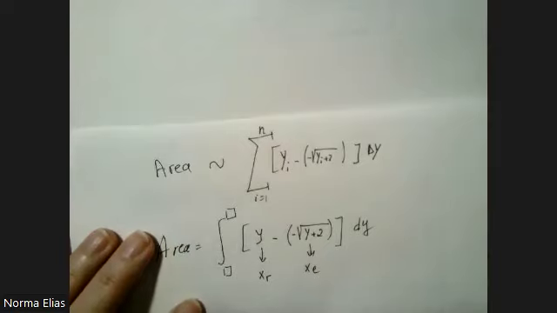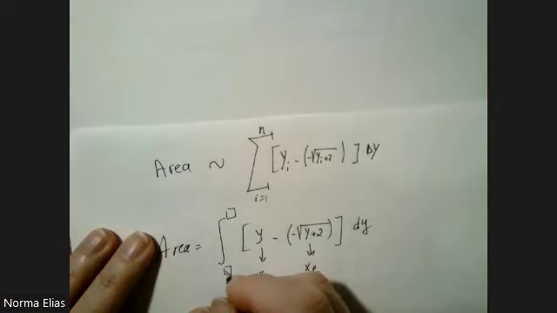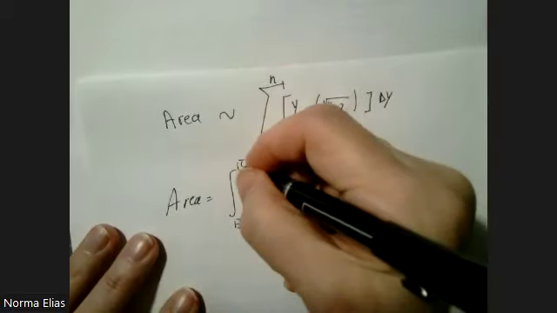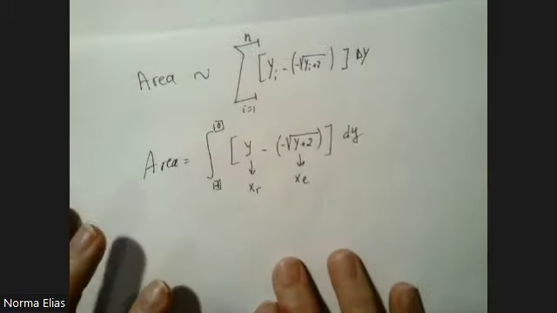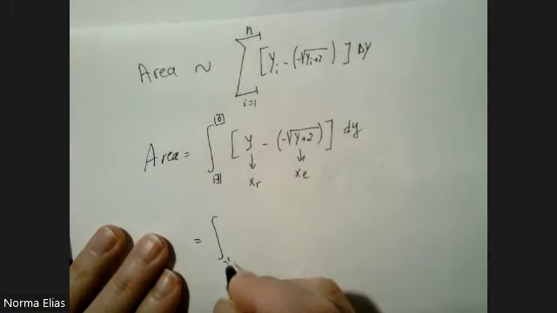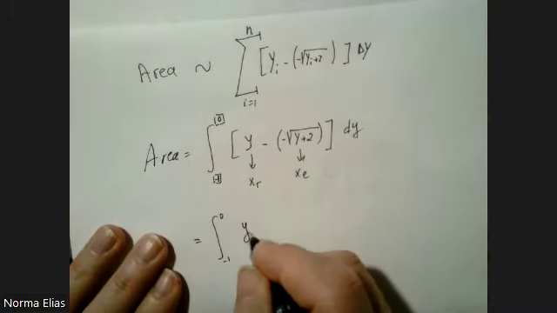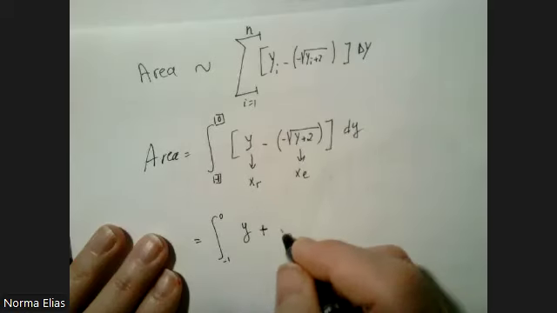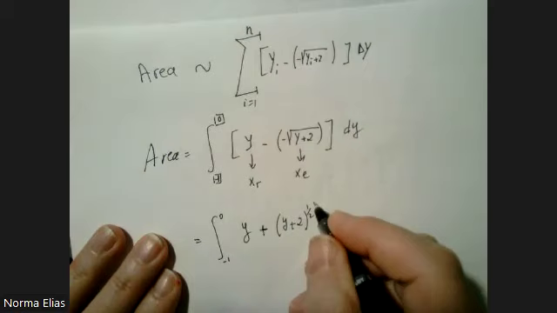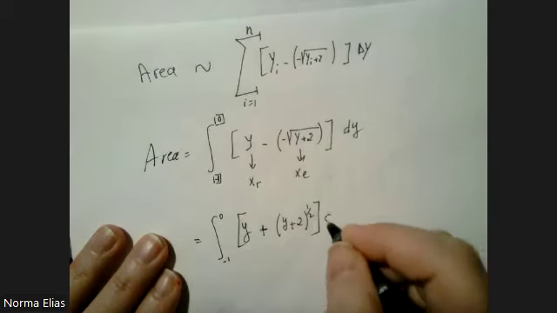So right here is going to be the integral from -1, remember, that's the integral on the y-axis, to 0. Everything a function of y. So finally, I will get the integral from -1 to 0 of y minus minus y plus 2 to the power a half dy.